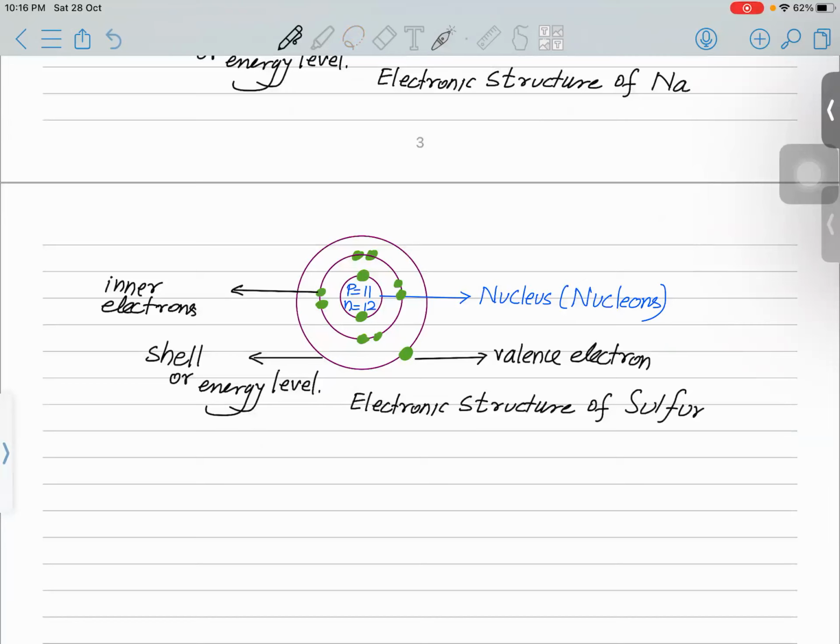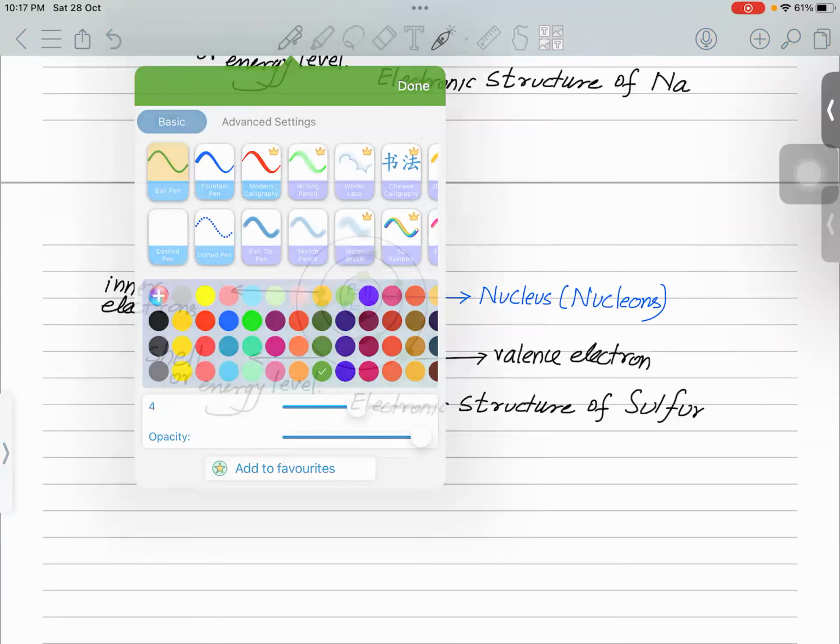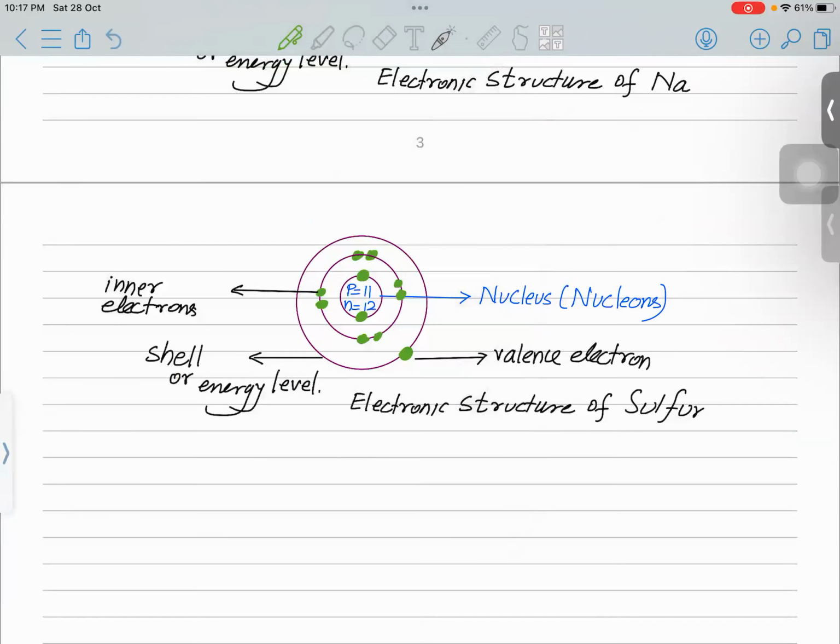Sulfur has 2 electrons, 8 electrons, and then 6 electrons. So this is sulfur.